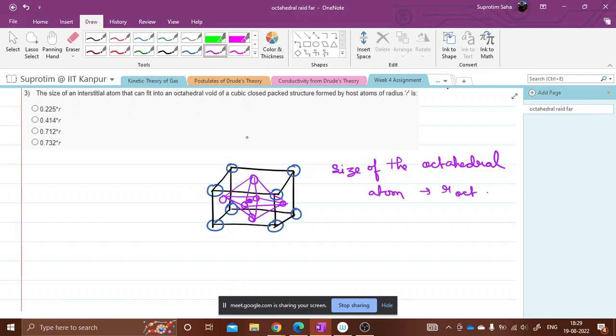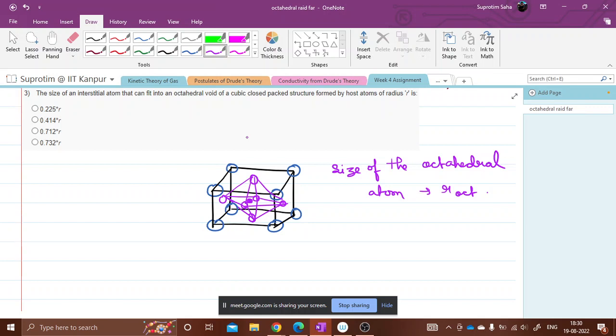If this is a sphere, you are not distorting anything. This is half of a sphere that touches the sphere that sits at the void, and the sphere from this face also touches the sphere at the void. So you get R from this and 2R oct from this.